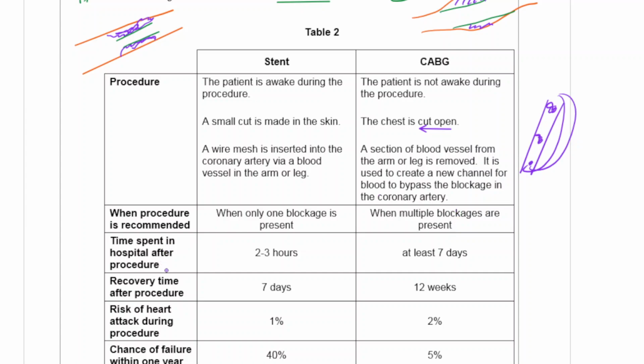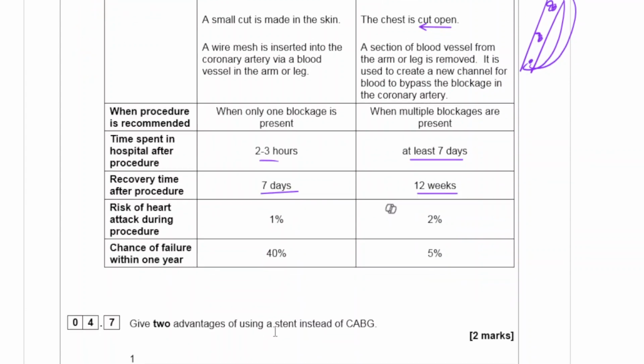Time spent in hospital after procedure: 2 to 3 hours. If it's an open heart surgery, at least 7 days. Recovery time after procedure is about a week, and open heart surgery is 12 weeks. That's about 4 months.